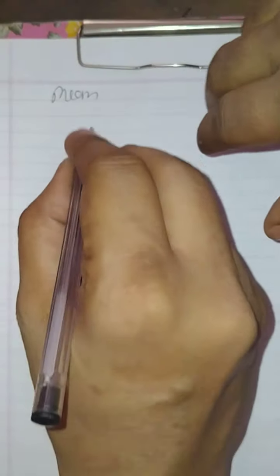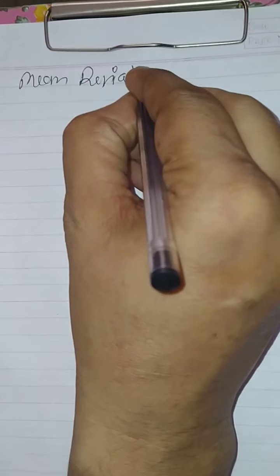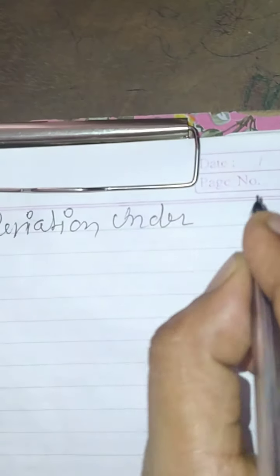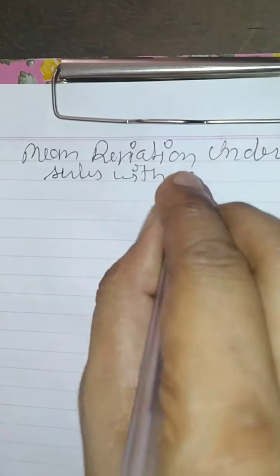Then it will be found out. Clear, beta? See, guys, mean deviation under continuous series with mean.